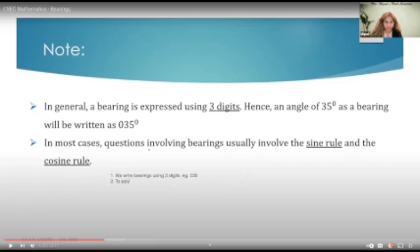To solve questions involving bearings, we use the sine and cosine rule. All right, so take that out.